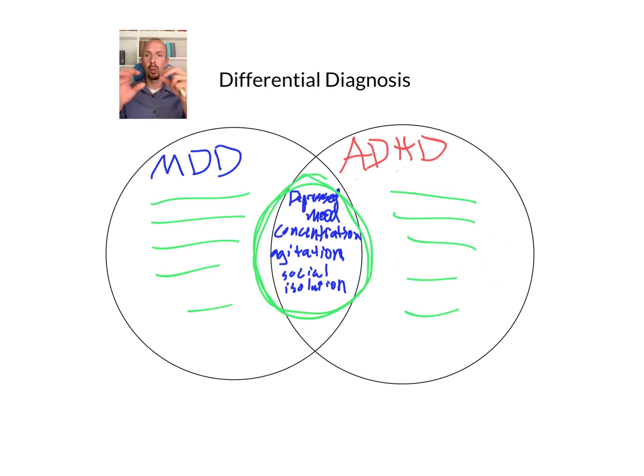So it's not one or the other. It's mostly saying, if you can come to one decision, great. If not, if they meet both categories of the illness, then it's appropriate to give both diagnoses.